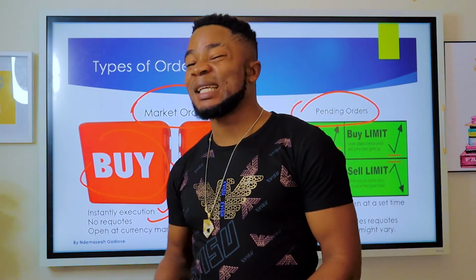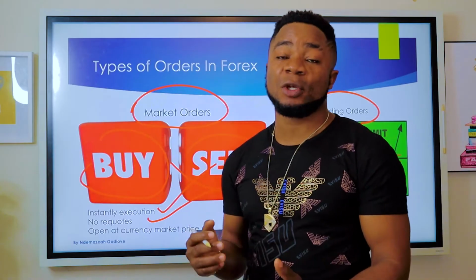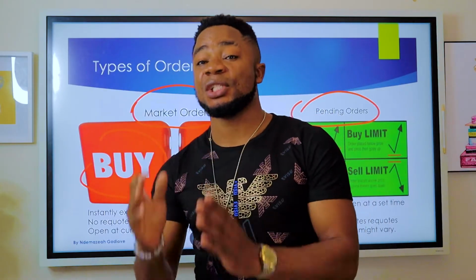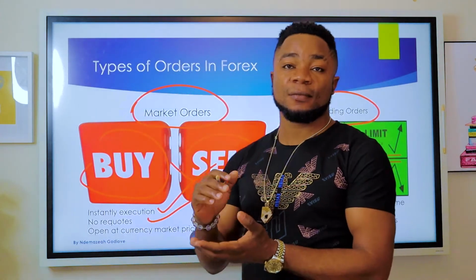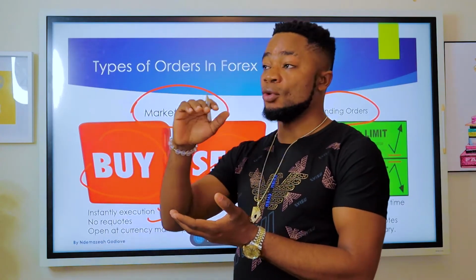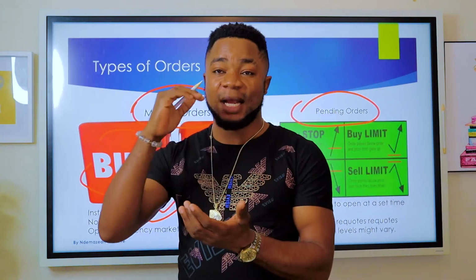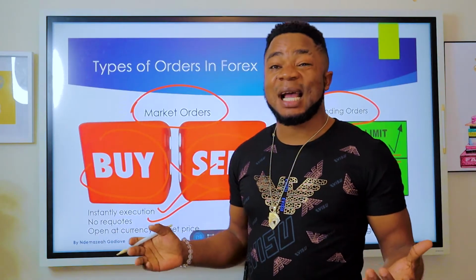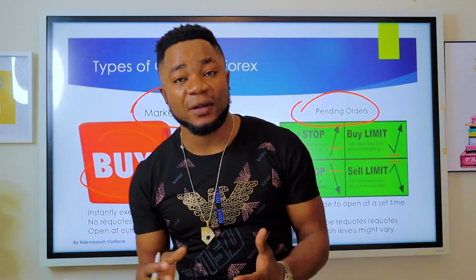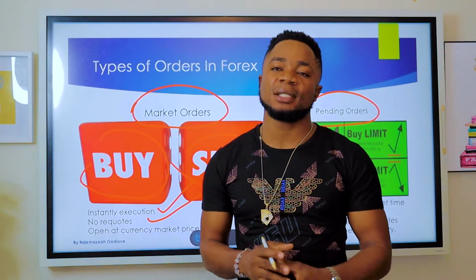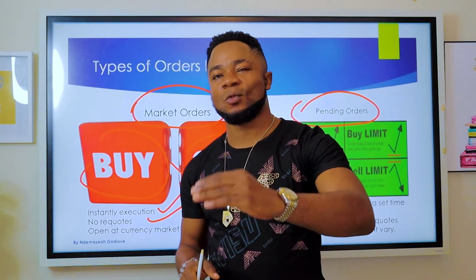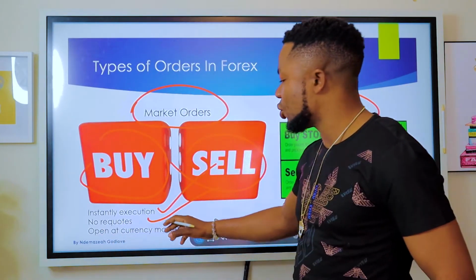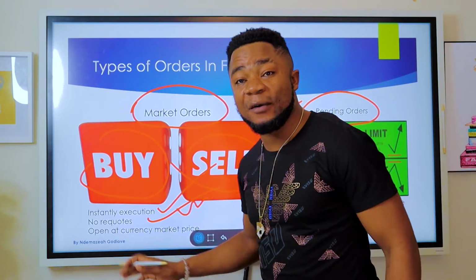A requote is just a change or a fluctuation in a currency exchange rate. Maybe by the time you set a market to place that trade, you put on your software that, okay, if the market gets to 1.5, I want to be able to buy. But now it gets there and the volatility was very high. Because of that high volatility, you can have what they call a requote. But for market execution, there are no instances where you have a requote.